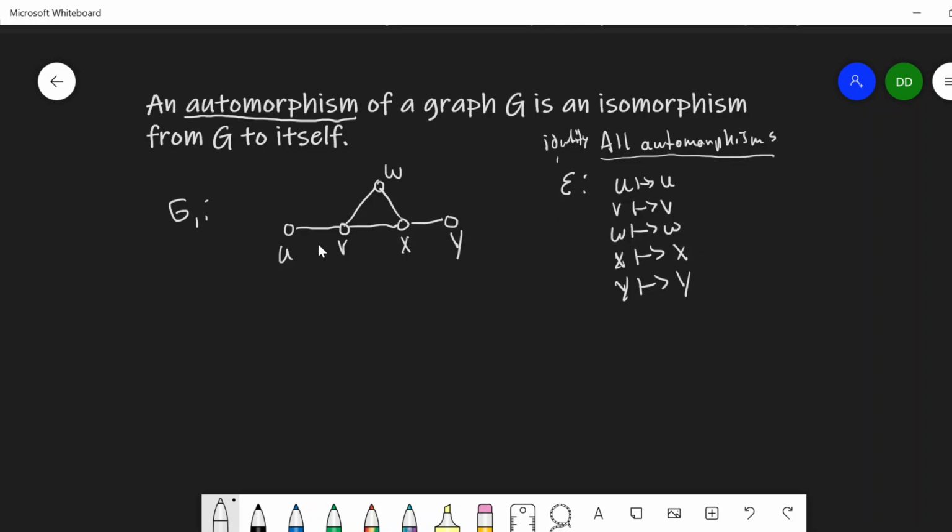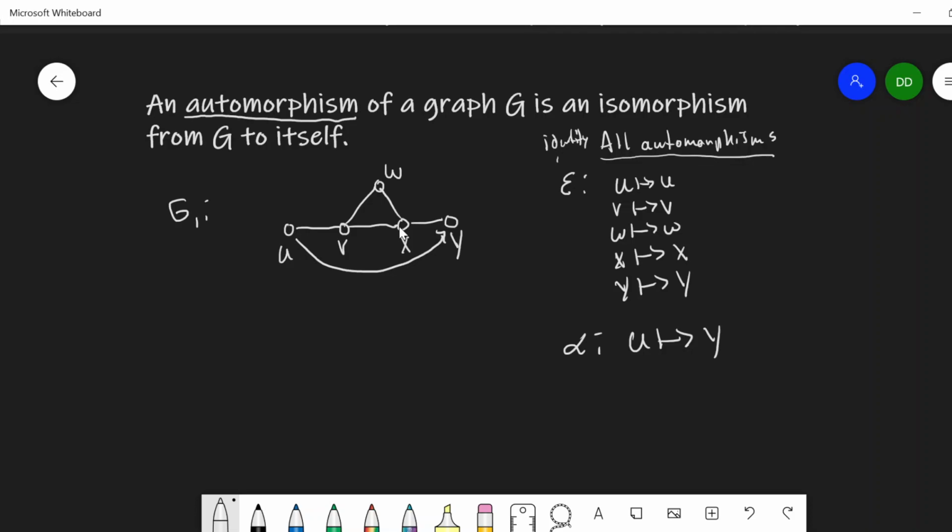So as I mentioned before, we can send U to Y. Let's start our automorphism off like that. I'm going to call this automorphism alpha. I'm going to map U to Y. Any automorphism is going to have to involve either sending U to U or sending U to Y, because these are our only two vertices of degree 1.